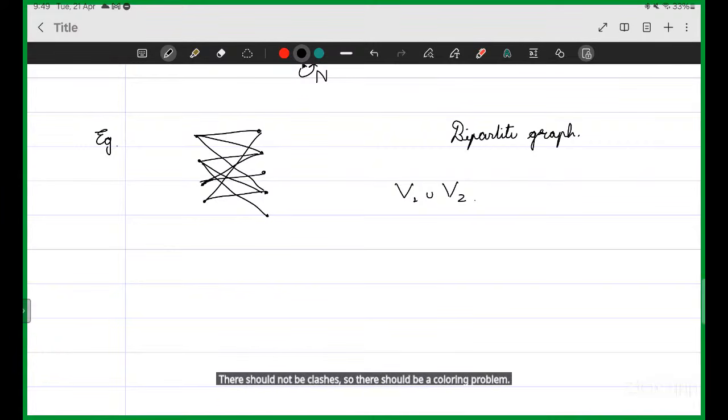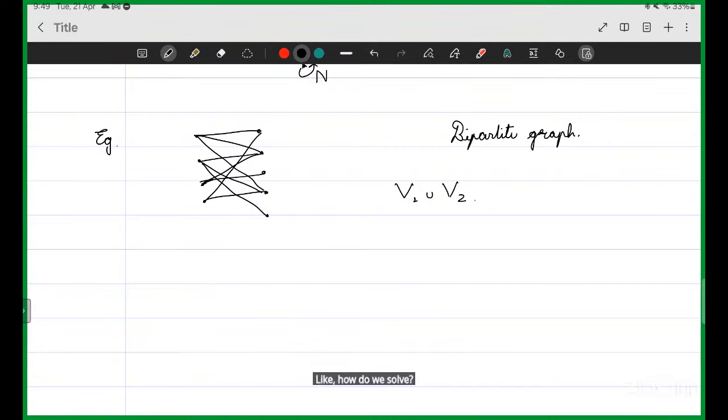Yes, sir. Here also it is asked about the minimum possible coloring. I faced the same thing in the first attempt: I got 4 or 5 as the answer, but later I found that it should be 3. So for this also, is there any algorithm?